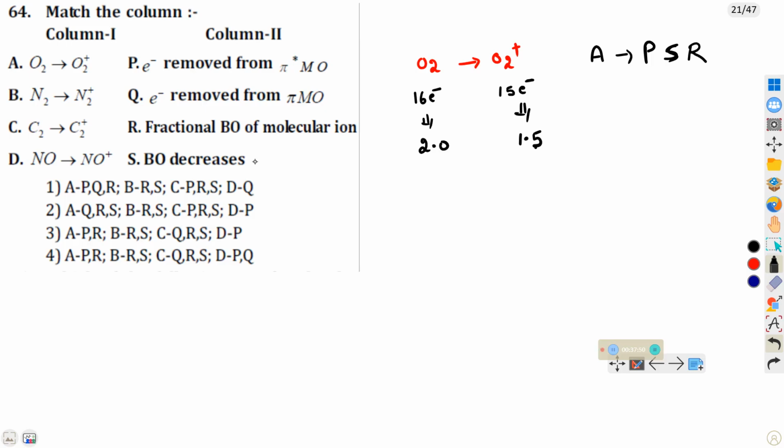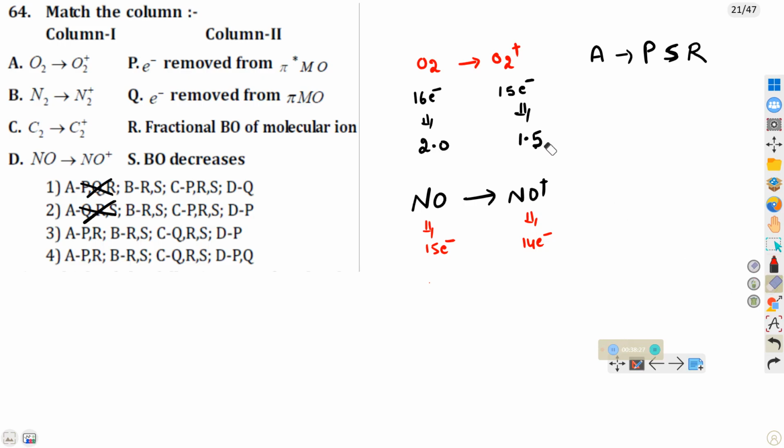P, A, P, R, S. But there is no S. No doubt, first one wrong, second one wrong. Either the third one or the fourth one. Now you can finally calculate the D option. NO converted to NO plus. The total number of electrons in NO is 15. NO plus has 14 electrons.